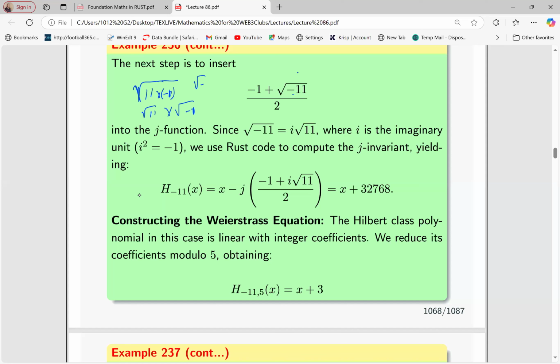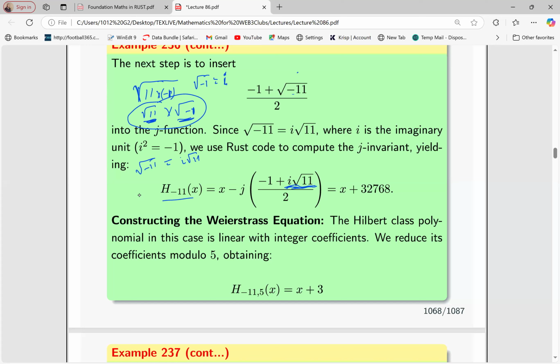But the square root of negative 1 is I, an imaginary number. So I write it as I times the square root of 11. That's how you find this.